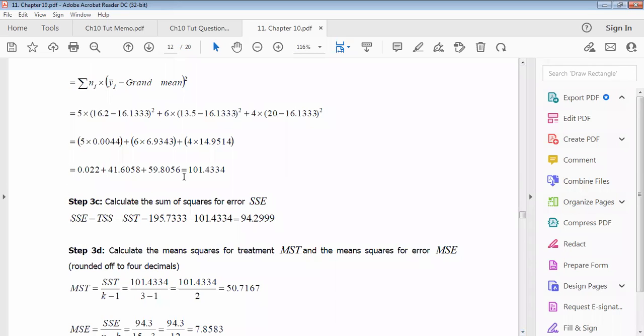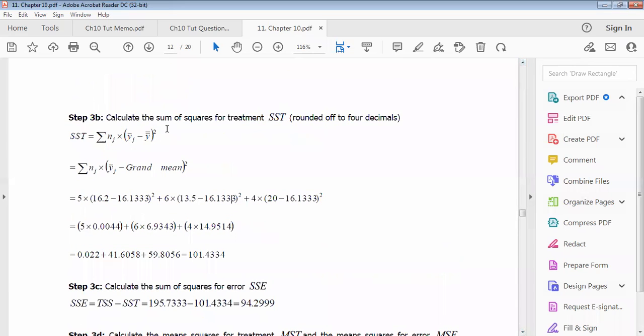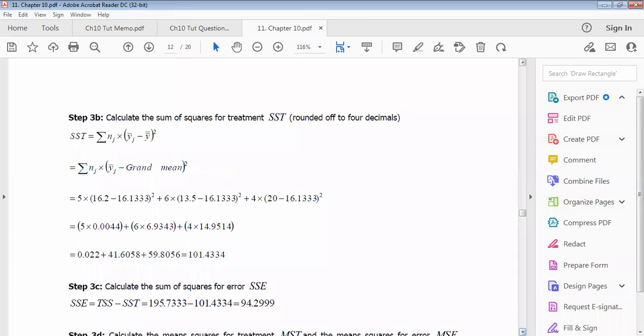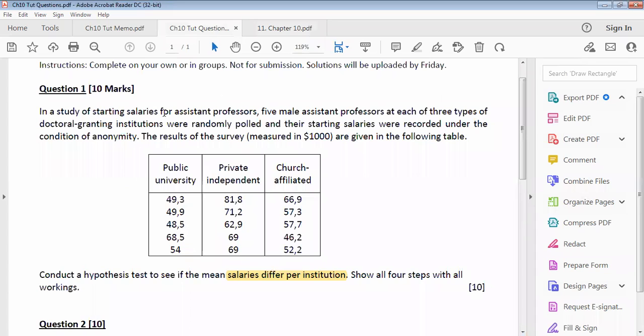You add everything. That is the sum of squares of your treatment. So just know this method, the SST method, and then you put it in there. That's basically what is happening here.